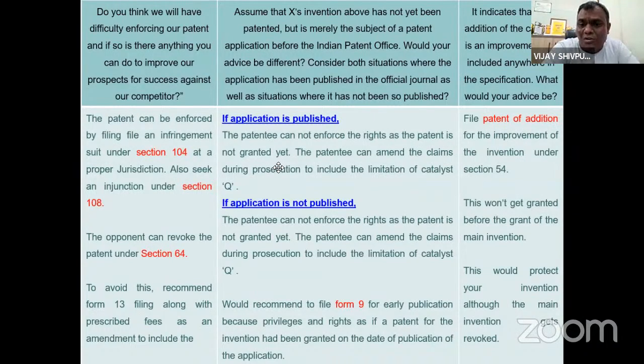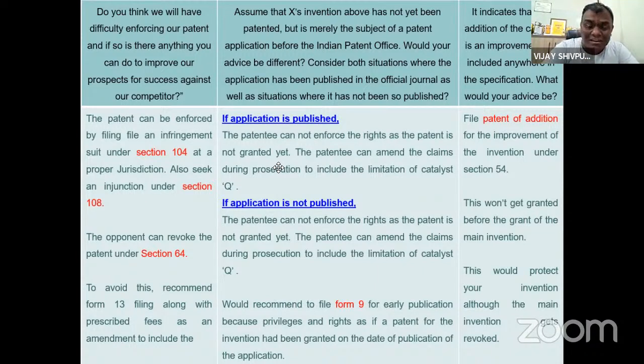If the application is not published, then exactly the same thing. You can actually change the claims at any point of time. But what would I recommend to the applicant also is file form 9 for early publication, because you know that the rights would be from the day the application is actually published.